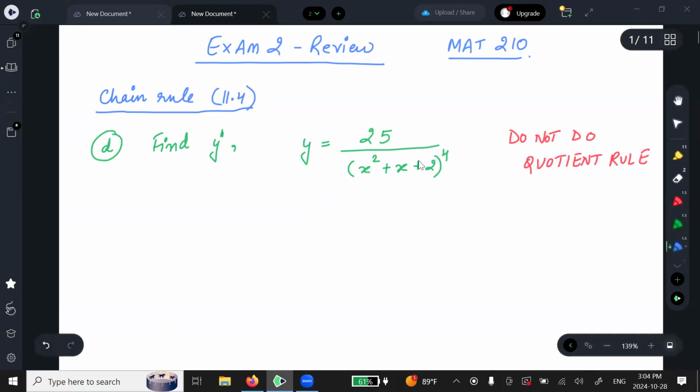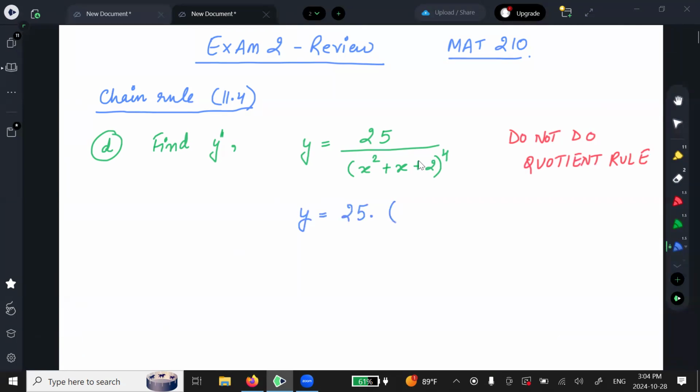Well, first, I want to make it a power. See, I'm not applying any formulas here. I'm just rewriting the question. This is x squared plus x plus 2, and because I'm moving it up, only the power becomes negative, nothing else. If there was something in multiplication here, some number, that would stay in the bottom.